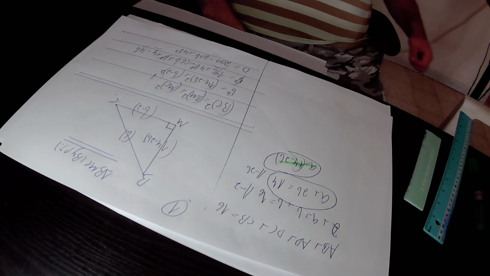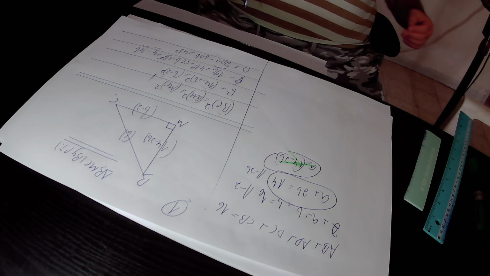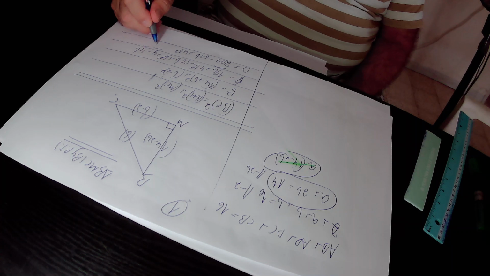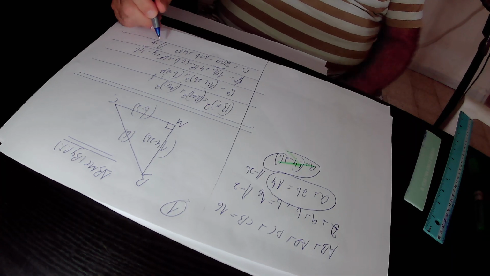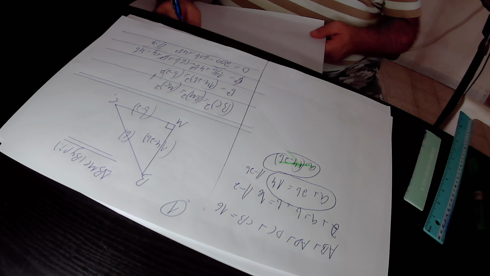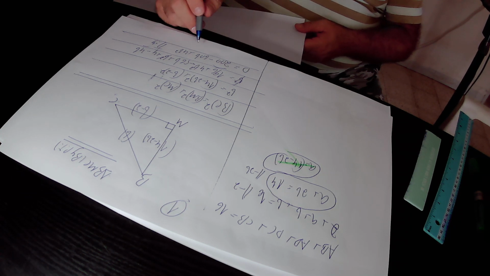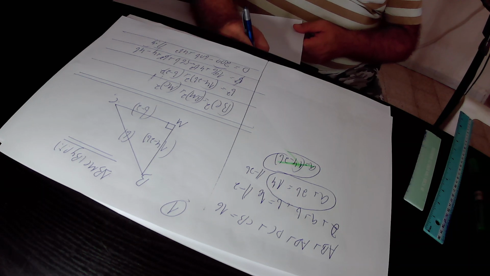So here we divide this equation by 4. And we get that 4b squared over 4 is b squared. And minus 60b over 4 is minus 15b.